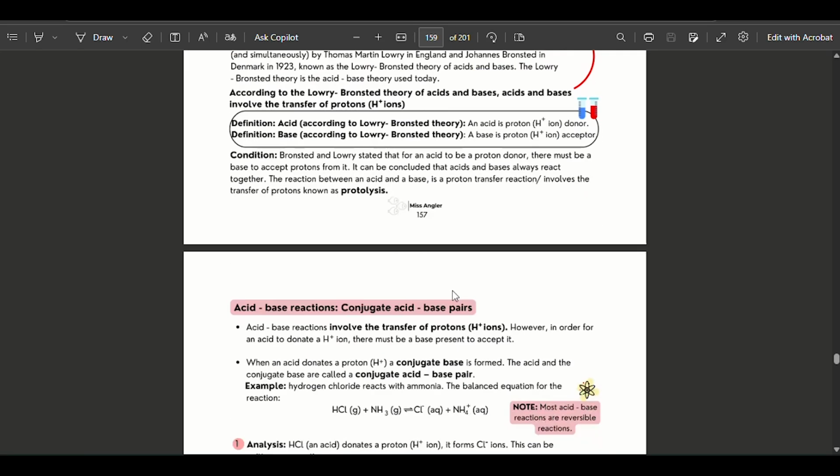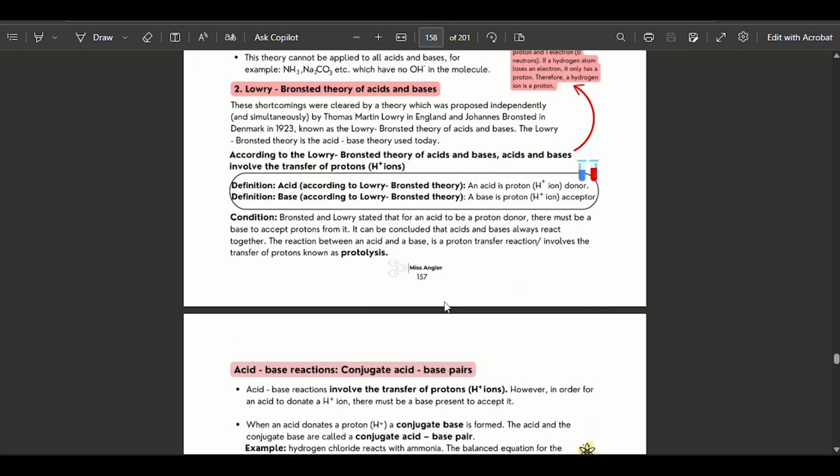So for 7.1.1, an acid is a proton donor according to Lowry-Bronsted theory.